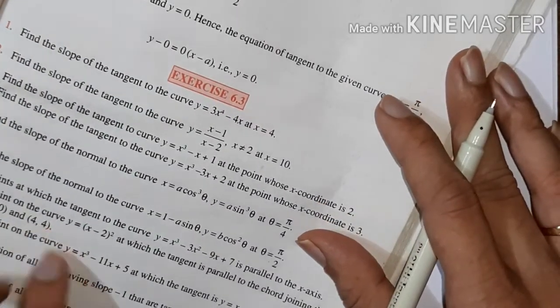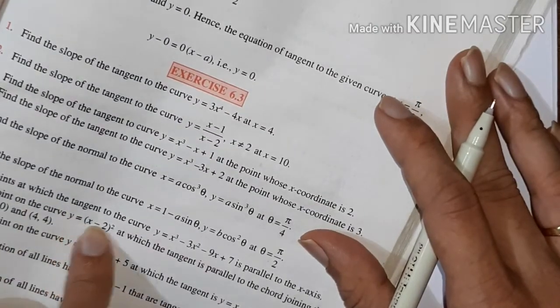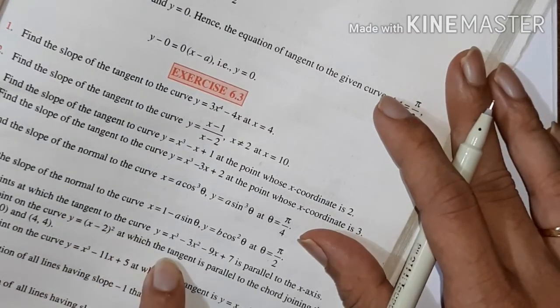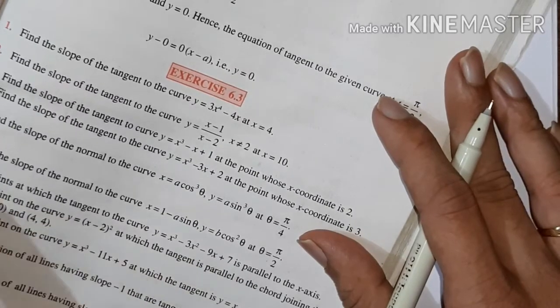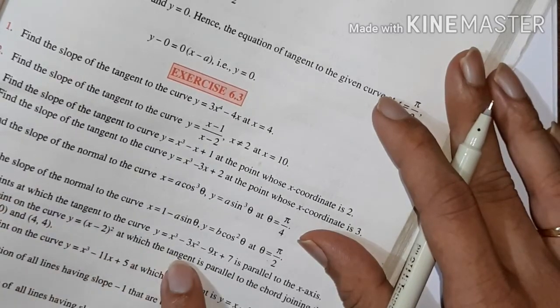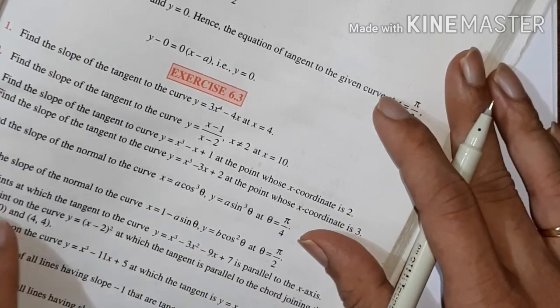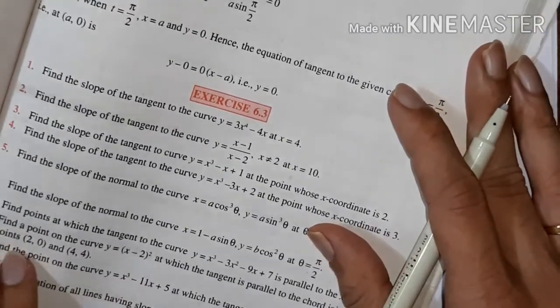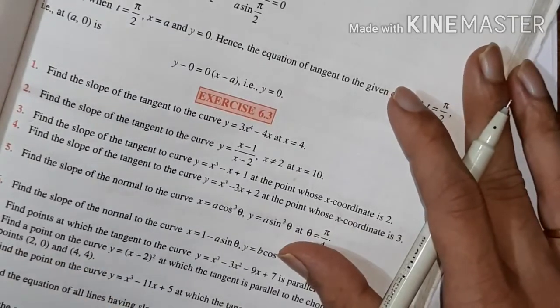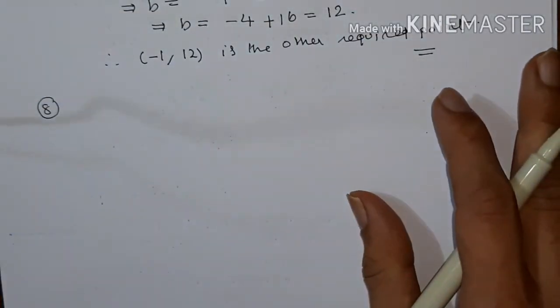So you are given the curve y equal to x minus 2 the whole square, and you have to find a point at which the tangent is parallel to the chord joining these 2 points, 2 comma 0 and 4 comma 4. Let us see how to solve this.